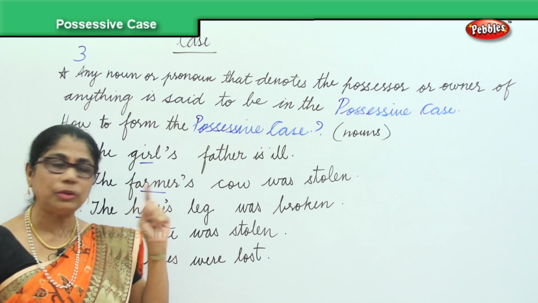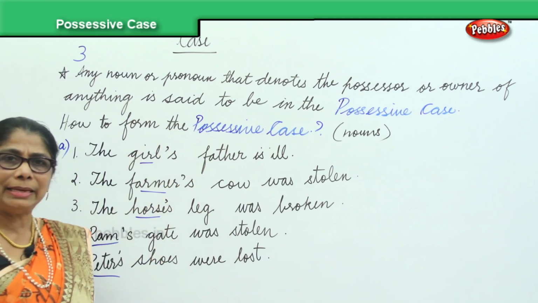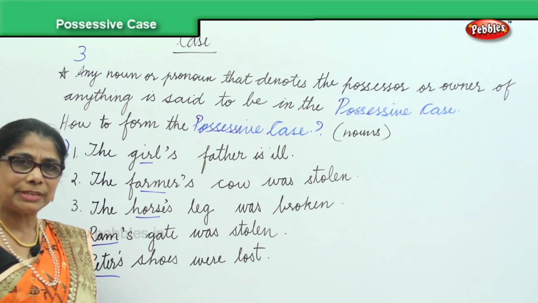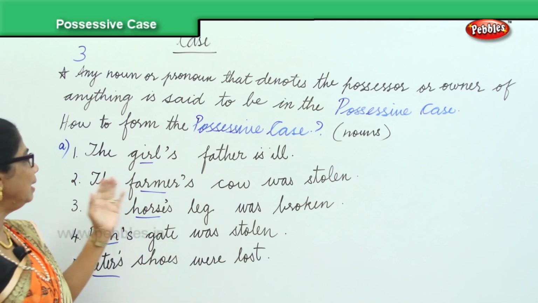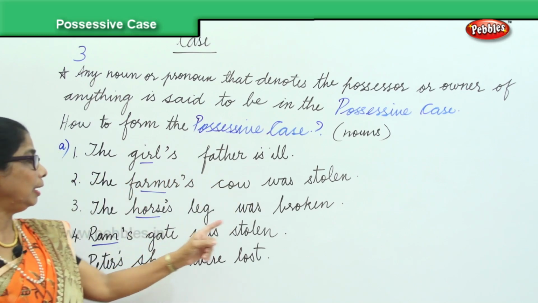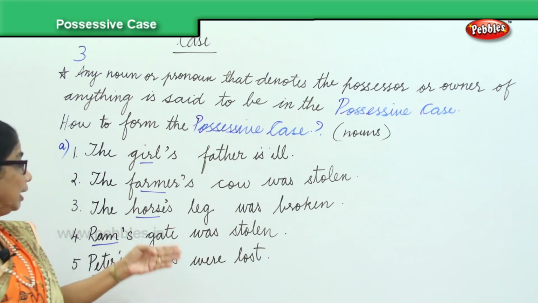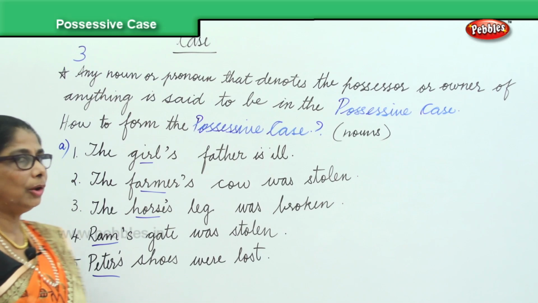We put an apostrophe and add an S to form the possessive case. So we have: the girl's father is ill, the farmer's cow was stolen, the horse's leg was broken, Ram's gate was stolen, Peter's shoes were lost.